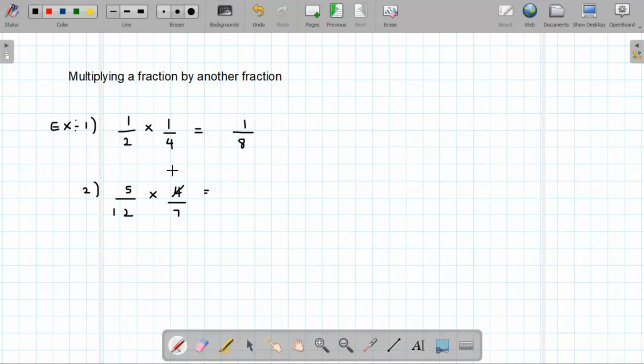So for 4, there is only 1 four. For 12, there are 3 fours. I can't simplify it furthermore, as we have 1 and 3 and 5 and 7. So now I multiply 5 into 1, 5, 3 into 7, 21. I have done it in the correct way because I have got a fraction which can't be simplified furthermore. So this is the answer.